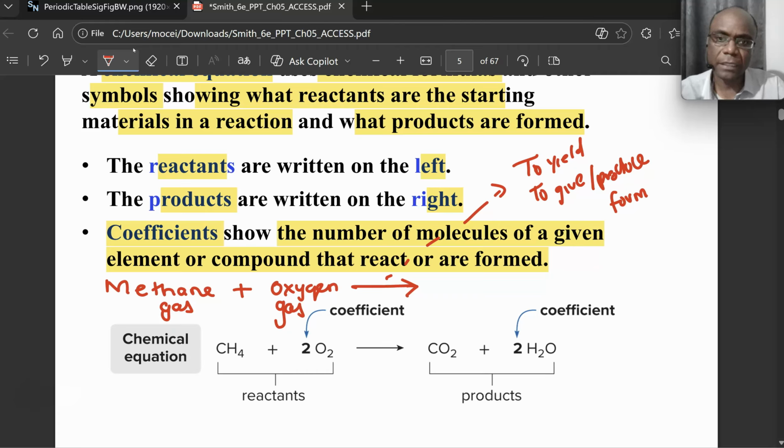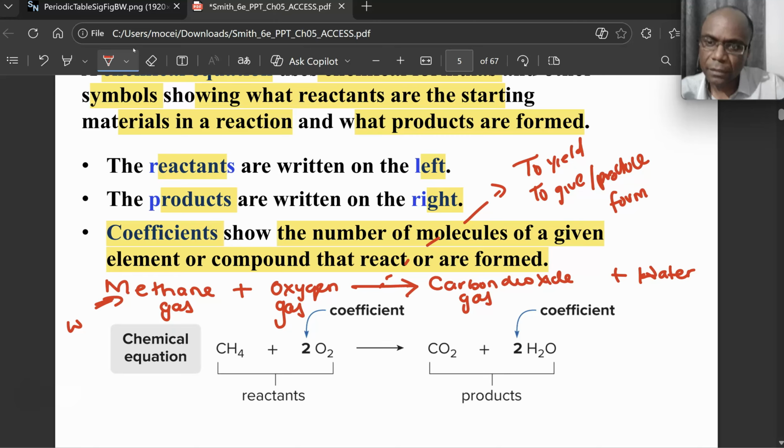Methane gas and oxygen react to give carbon dioxide gas and water. That is the word equation of the reaction.